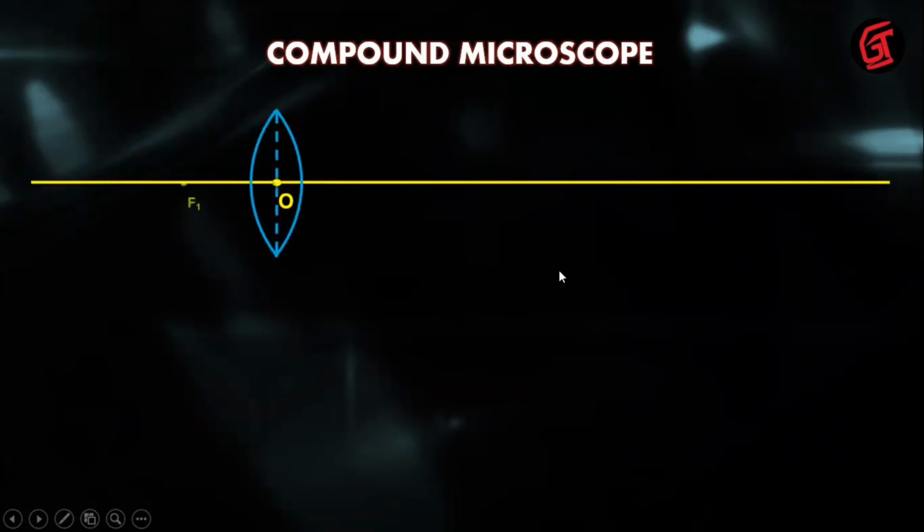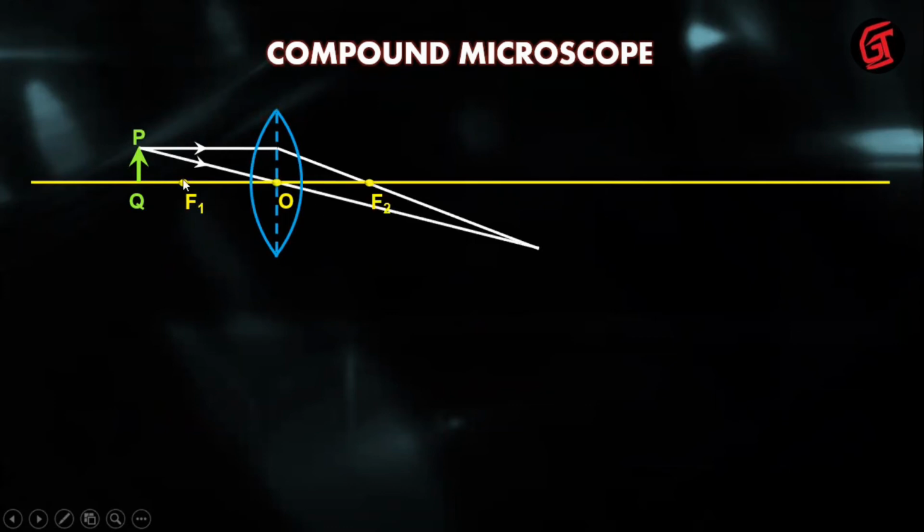If you draw it in the form of a ray diagram, this is f1, this is your object, parallel, then passes through f2, convex lens में, and then passes through optical center, image is bigger.